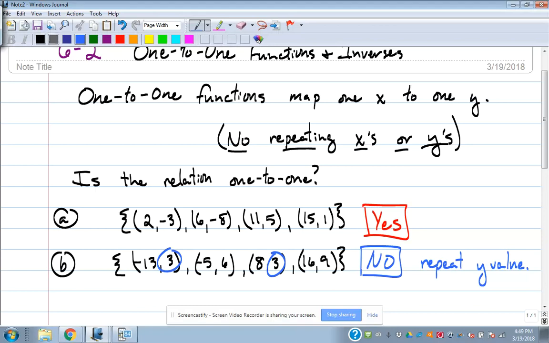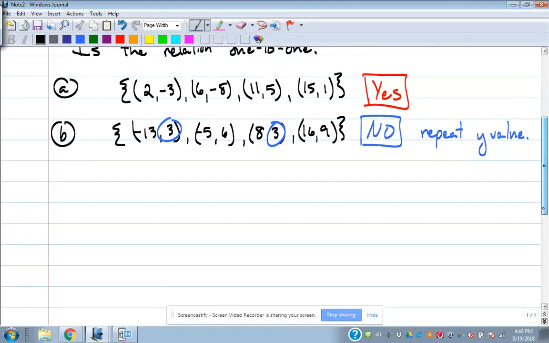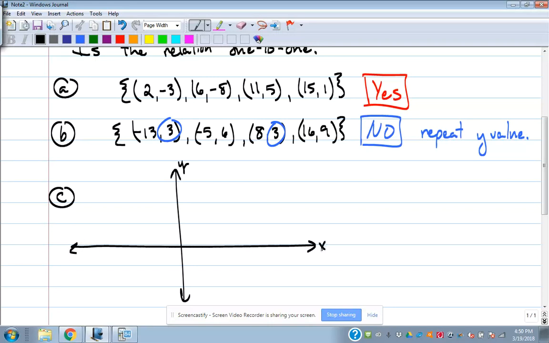If we're given a graph, I'm just going to sketch one. Here's a coordinate plane. That's your y-axis, that's your x-axis. Something like that, a graph that comes with some polynomial function. Does that pass the vertical line test? Yes, easily.